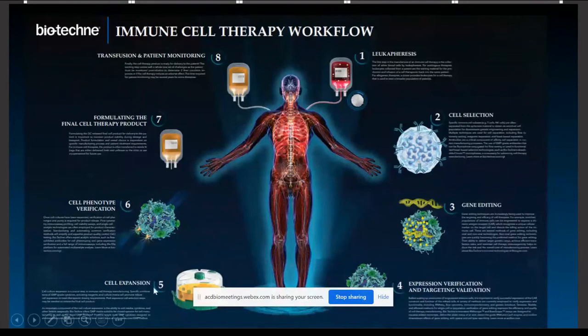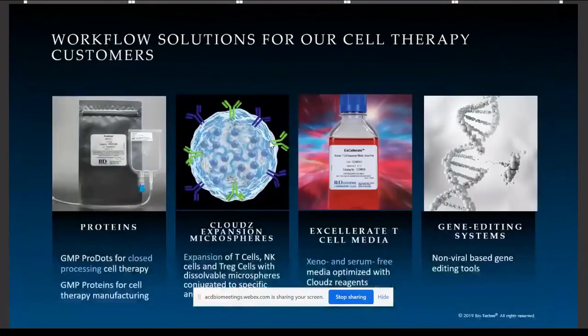We have cell expansion and activation, which I'll mainly talk about today, and then formulating that material and getting that back into the patient. So we really are working to drive specific tools for these specific areas. But today I'll focus primarily on cell expansion.